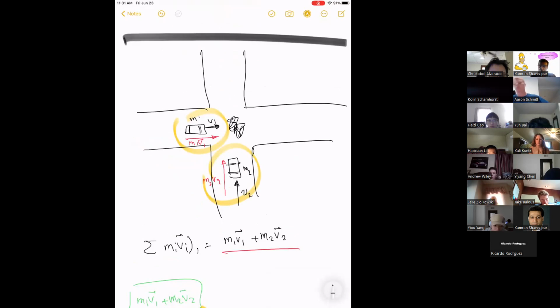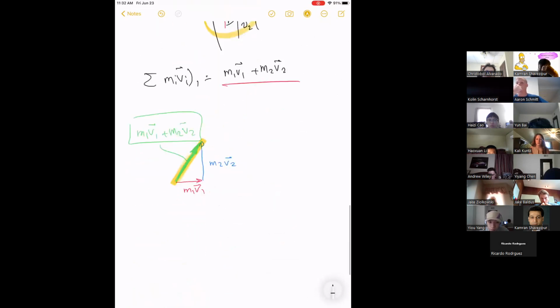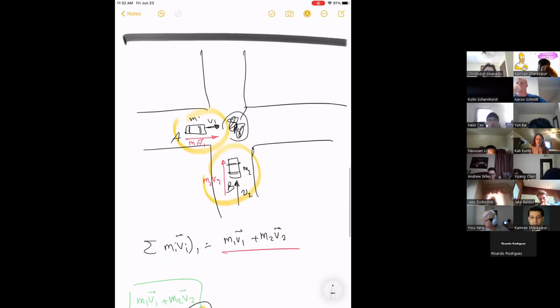there's no external force, right? Remember, the accident force is between A and B, between this car A and this car B. So they cancel out each other because it's like action reaction, positive, negative. So there's no external force. The summation of forces will be 0. So the two cars should maintain their linear momentum, which means if they are stuck together, based on what we have, they should go this way, right?